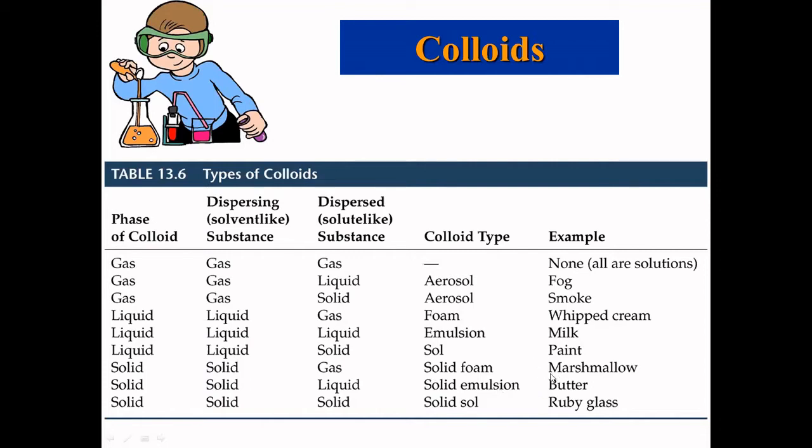An example of which is your marshmallow. Diba? Pagkagat mo sa marshmallow, wala na, natunaw na siya. Ang imo gas solutes remain suspended in that case in your solid. Then we have liquid in solid, the solid emulsion, which is the butter. And then solid in solid, we call this the solid sol.